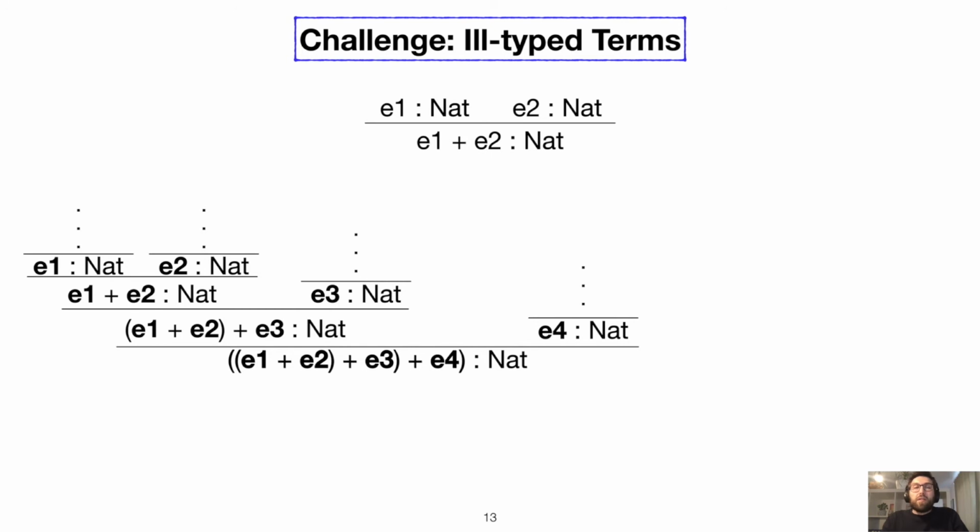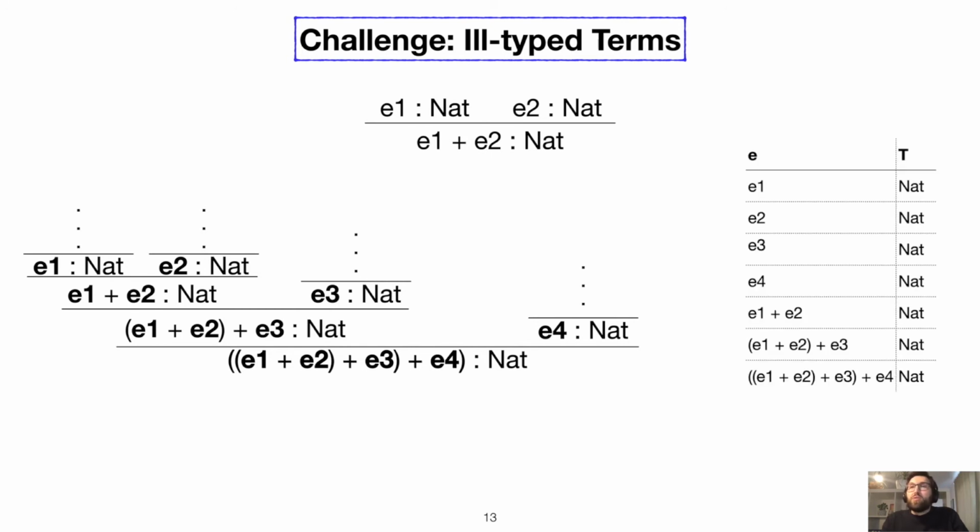In Datalog, we cache these individual typing results for each expression. So what happens to that typing derivation and the cache if E1 is not of type NUT anymore?